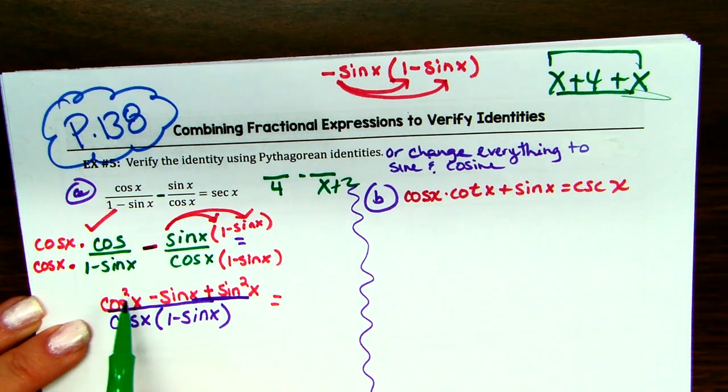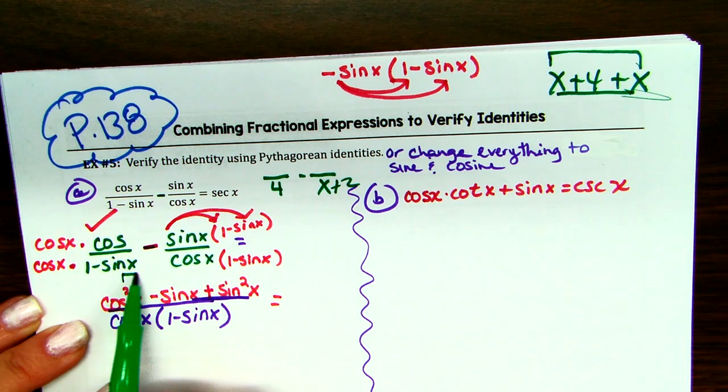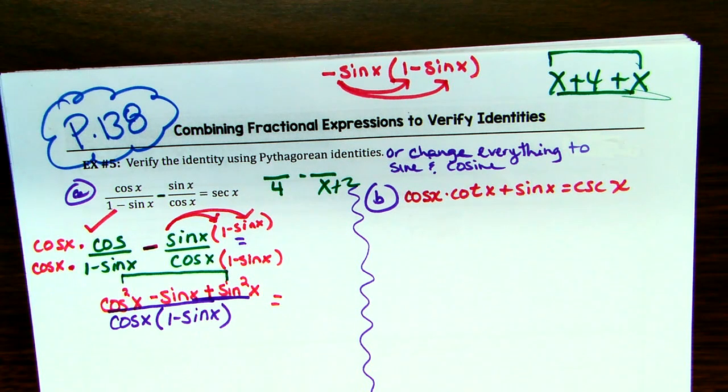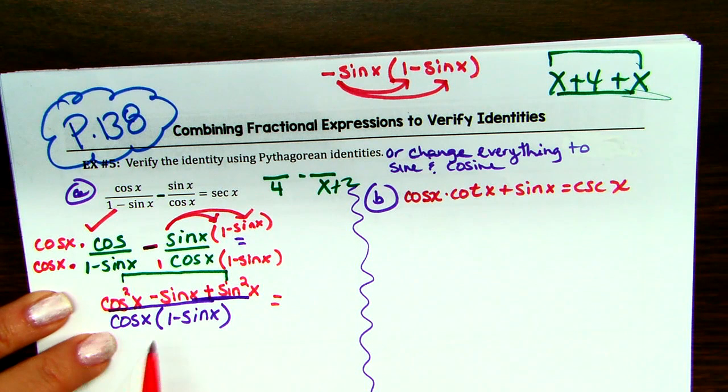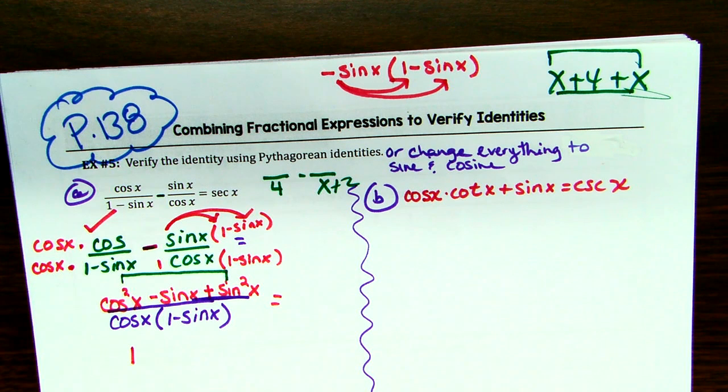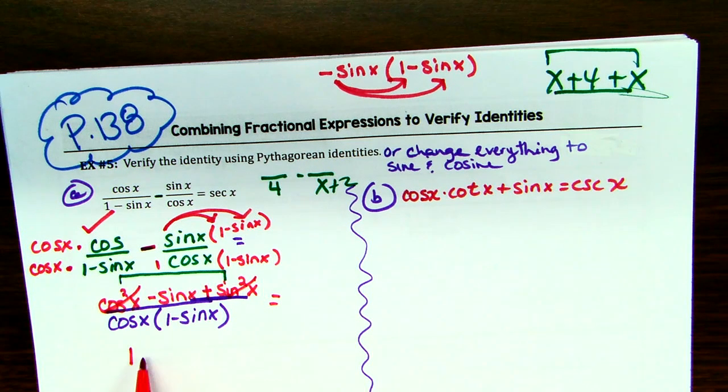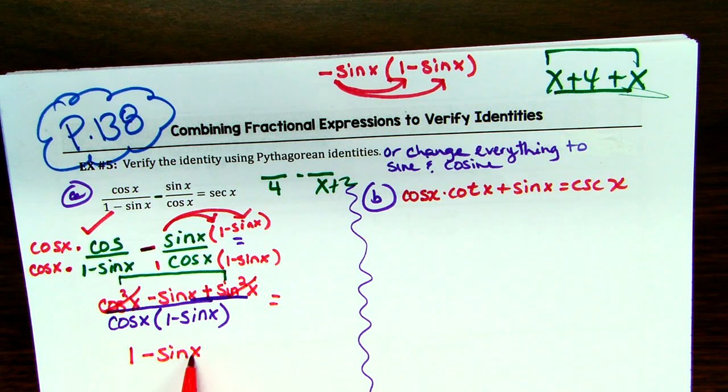Well, what we have here is cosine squared x plus sine squared x. Do you guys remember what that equals? 1. You say that, Levi? That's good. 1. So look what I have in my numerator, just 1, because that's these two, minus sine x.